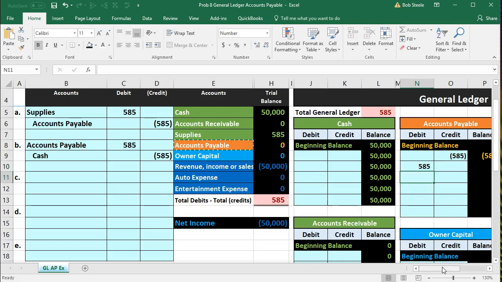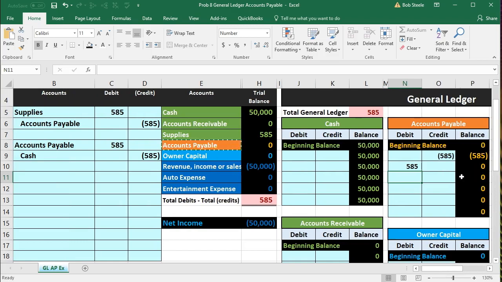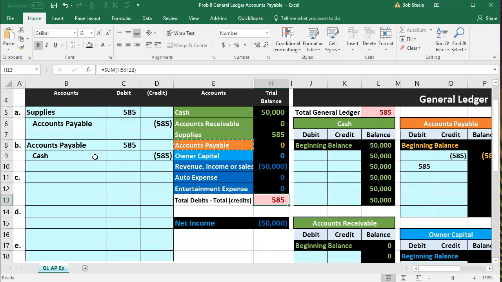So there we have that. We have the 0 over here, which you can't really see, but it's 0. And then we got the 0 here. We're out of balance by 585. Pulling back over, we're going to post the cash side now. Cash has been credited. That's going to be the first account on the trial balance and the first account on the general ledger. Here's the cash account. We are on the credit side in this case, so we are in cell K9.